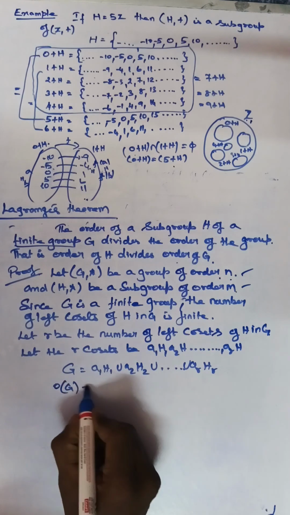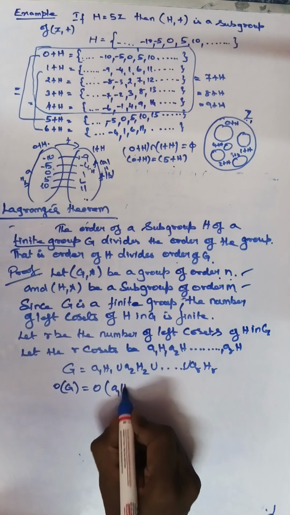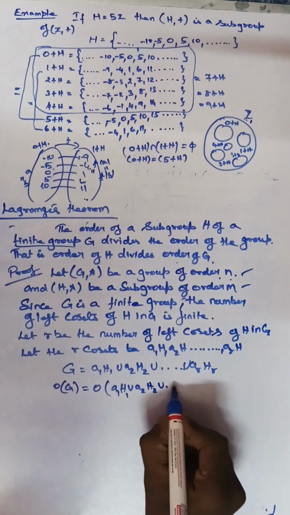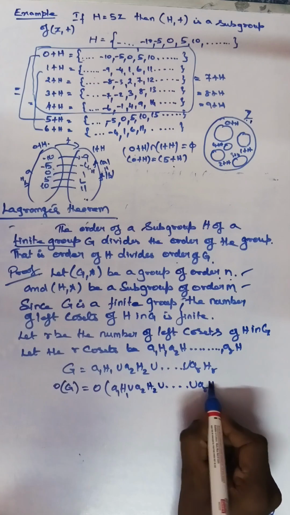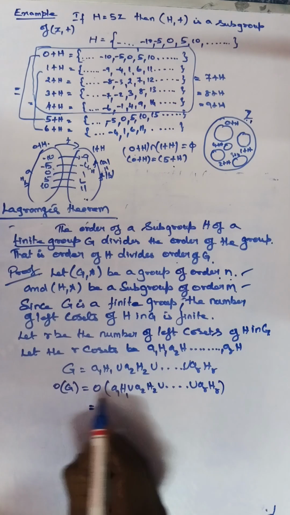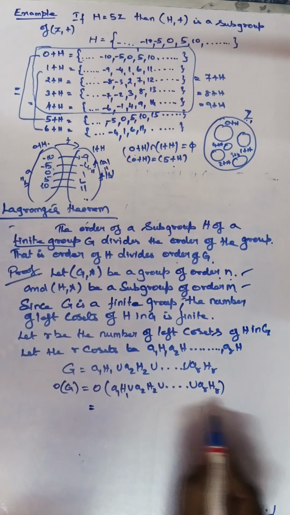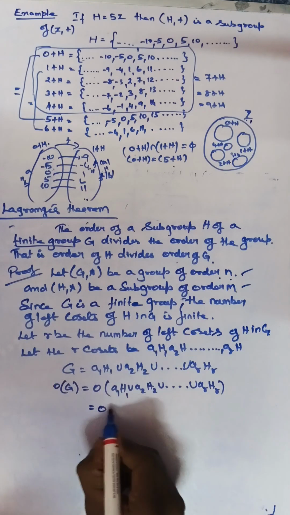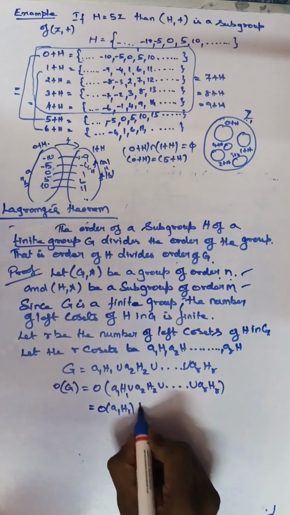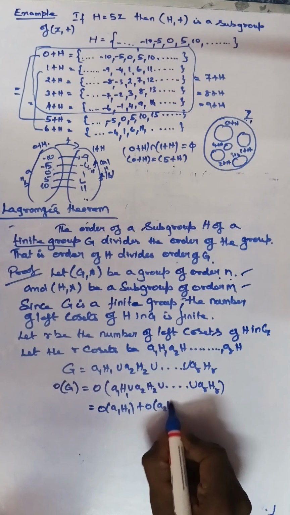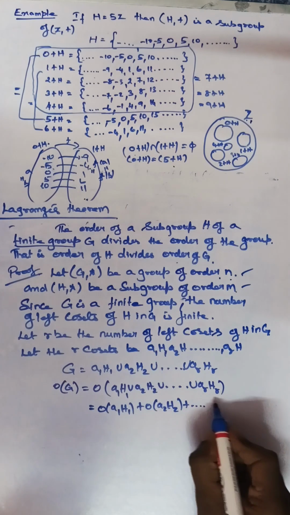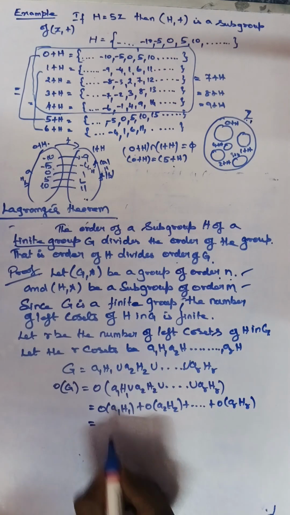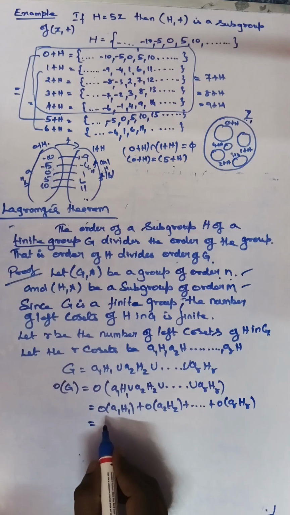The order of G is equal to the order of a1H union a2H union up to arH. Since order denotes the number of elements, the union becomes addition: order of a1H plus order of a2H, up to plus order of arH.